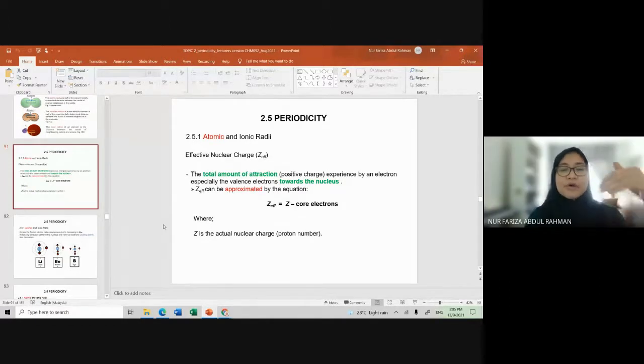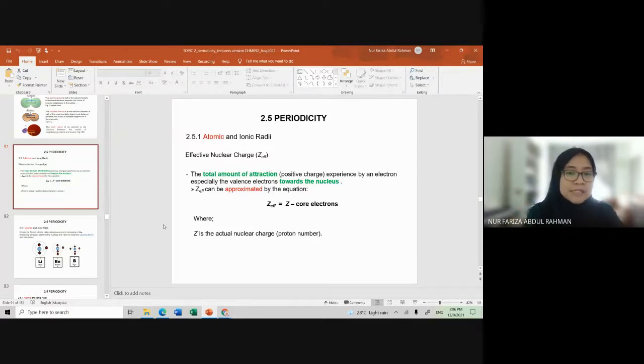As we go down the group, the principal quantum number n increases. When n increases, the number of shells increases, which means there are more electrons in the atoms.